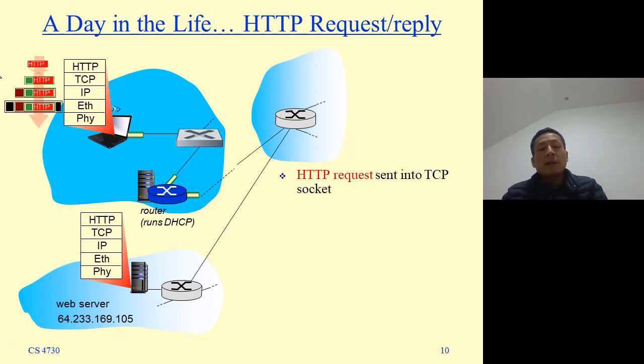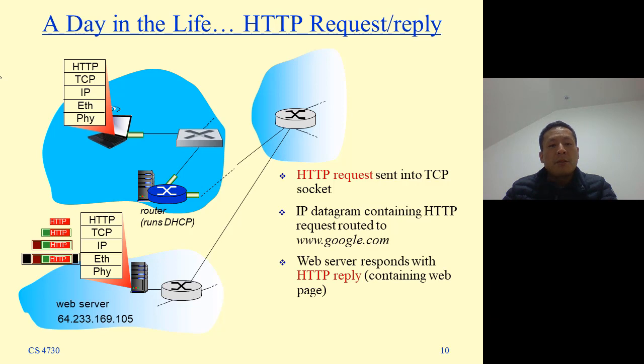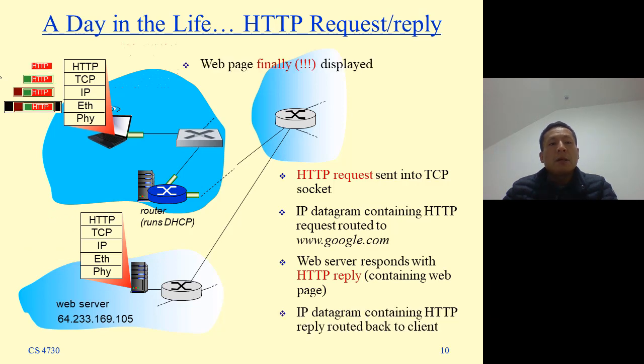So you send out the HTTP request over the socket, and the IP datagrams will go through the inter-domain routing and arrive at the Google data center. The web server of the Google data center will reply and send you the HTTP message, and it will eventually be sent back to you and displayed on your web browser, on your laptop, and eventually you get to see the web page you requested.